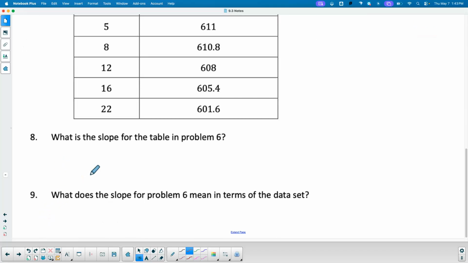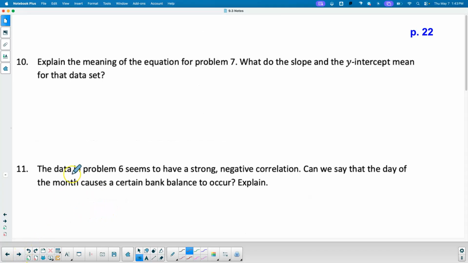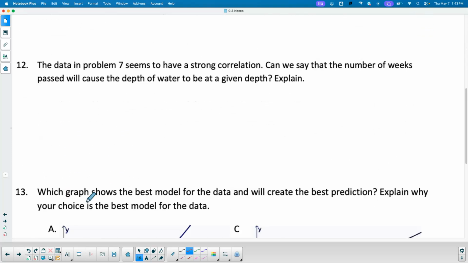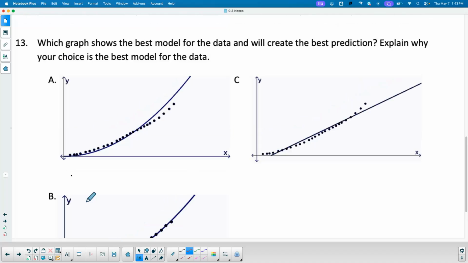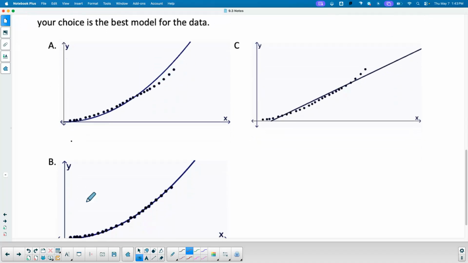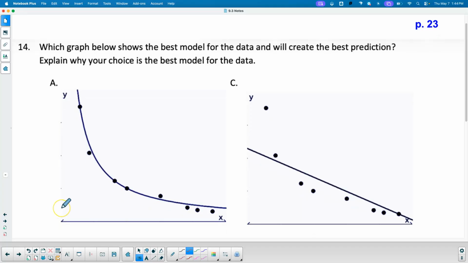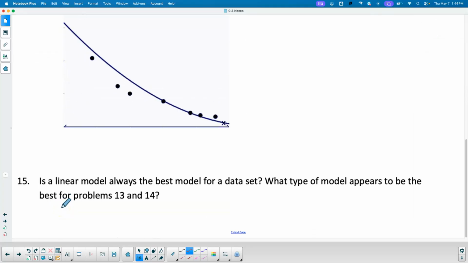That's 6 and 7, and then talking about the slope and what it means in terms of the data set for number 6, and the same thing for number 7. Then number 13 asks which one of those best fits the data. That's a visual type. Same with number 14.